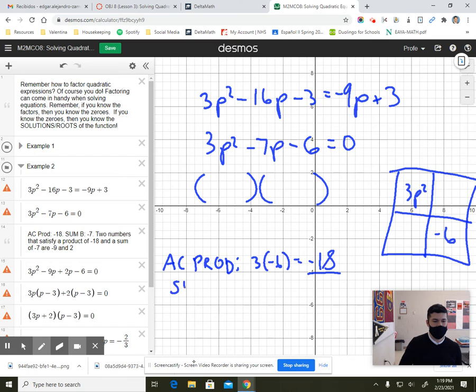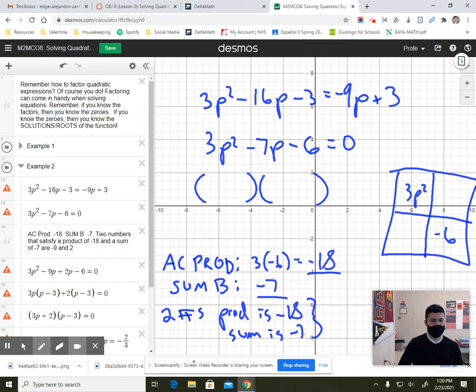All right, and my sum B is negative 7. So I'm looking for two numbers whose product is negative 18 and whose sum is negative 7. And those two numbers are negative 9 and positive 2.